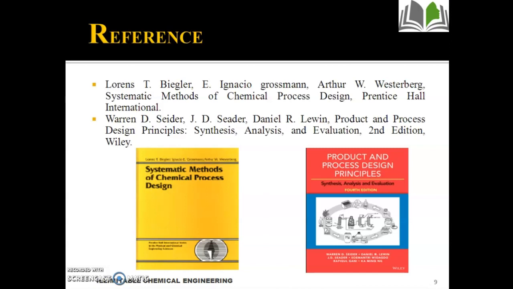In the Seider book, they have shifted the curves accordingly by delta H, meaning they have shifted the hot curve and cold curve horizontally. You can refer to either method, both having their own technique, the Biegler book and the Seider book. You can refer to any one of the methods.